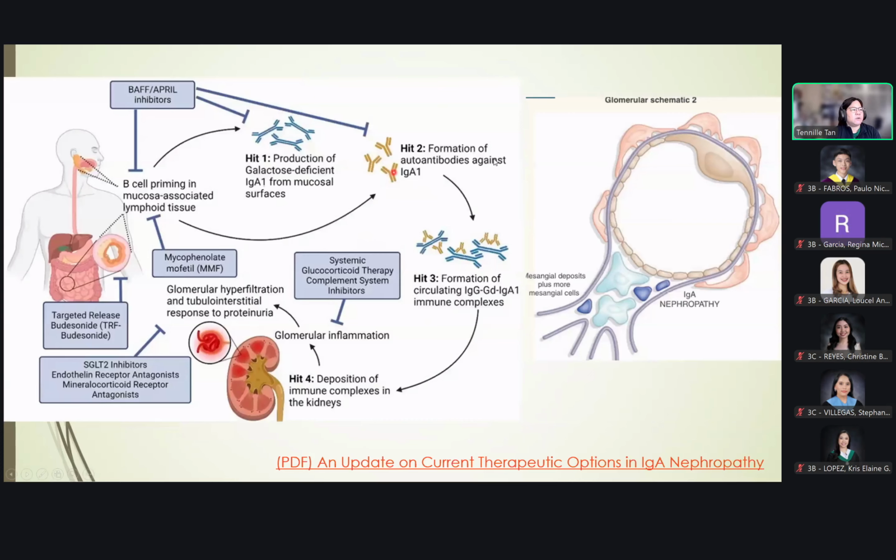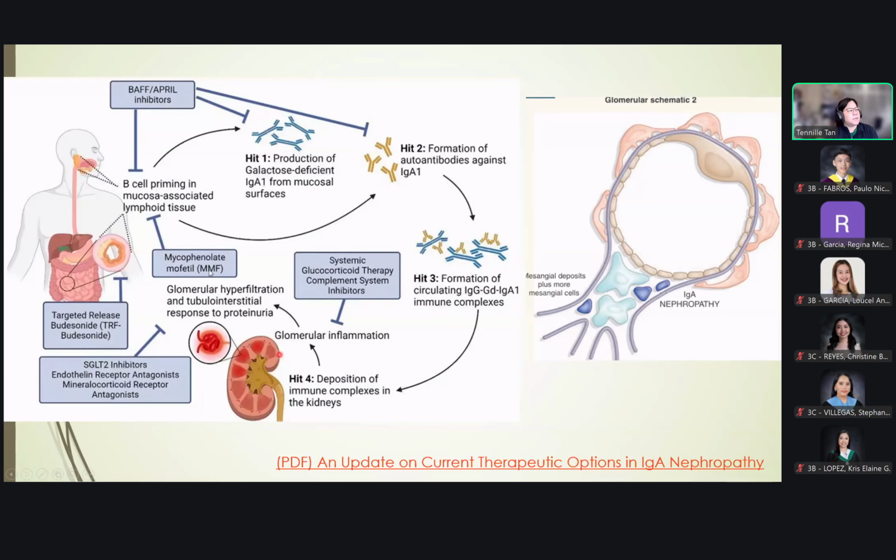Hit 2 is the formation of your autoantibodies against your IgA1. And then hit 3 is the formation of your circulating IgG galactose-deficient IgA1 immune complexes that will eventually deposit as immune complexes in the kidneys. That leads to your glomerular inflammation, hyperfiltration, and tubulointerstitial response to proteinuria.